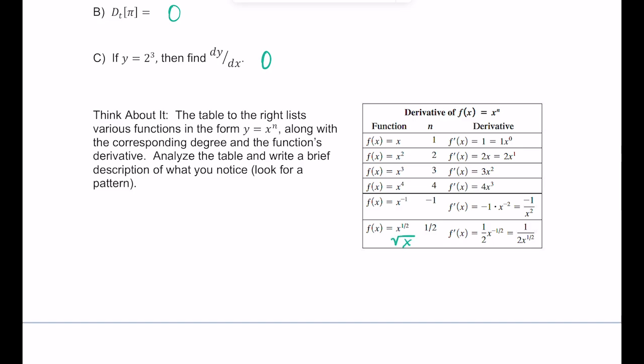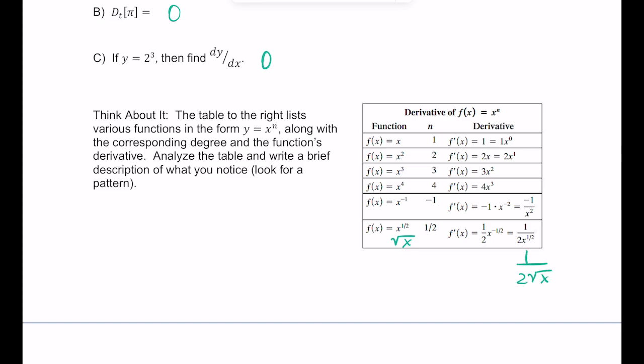So the power is 1/2, and 1/2 times 1 is 1/2, and then when I take 1 away, a half minus 1 is negative a half. So here this would just be 1 over 2x to the 1/2, or you can also write it as 1 over 2 times the square root of x.